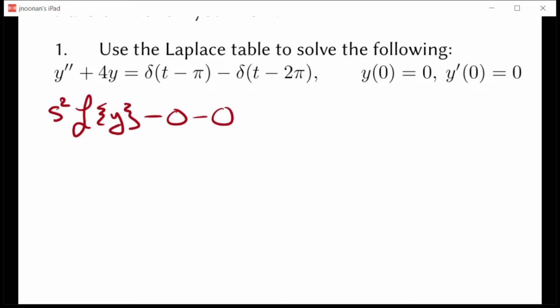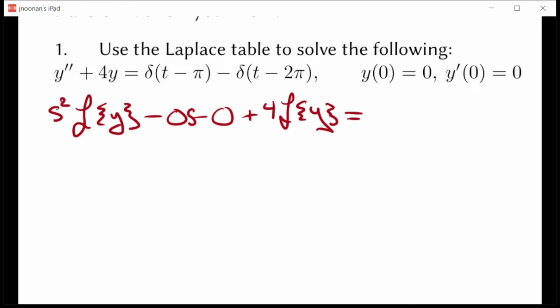Excellent, so minus 0, minus 0. Now this is just the same as up above, so I'll just write it as 4 Laplace of y. All right, now let's see if you can handle those Dirac delta functions.